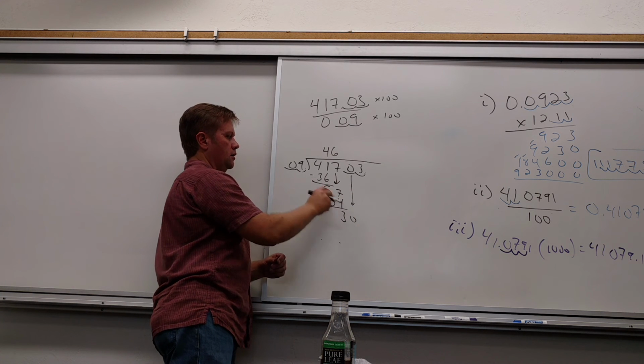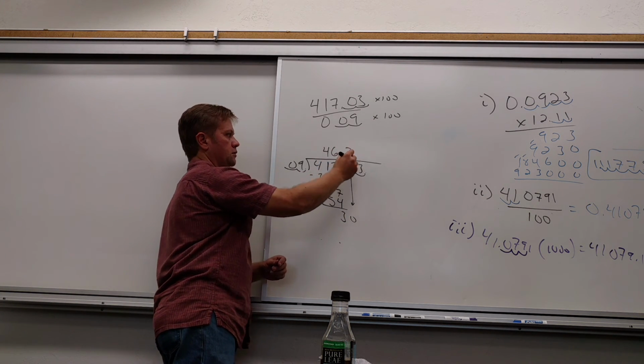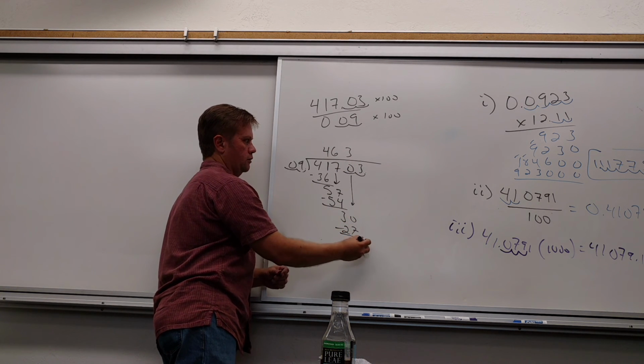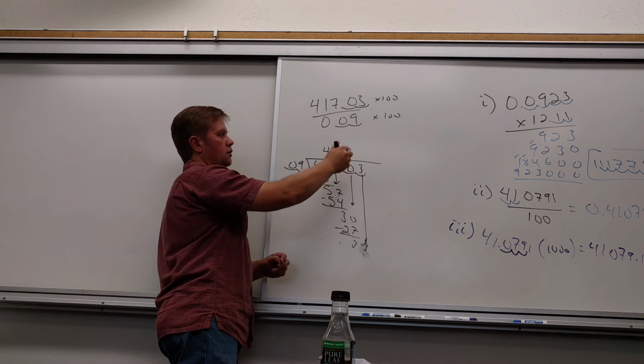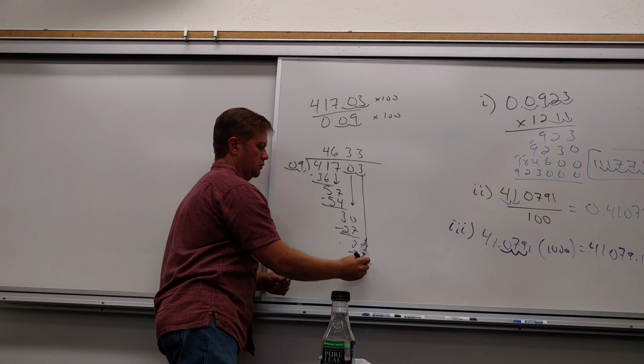Bring down the 0. 9 goes into 30 3 times. 3 times 9, 27. There's a 3. Bring down the 3. 9 goes into 33 3 times. 3 times 9 is 27. My remainder is equal to 6.